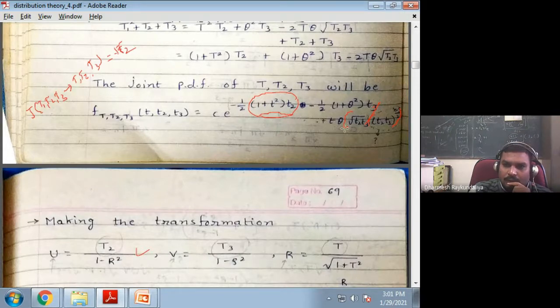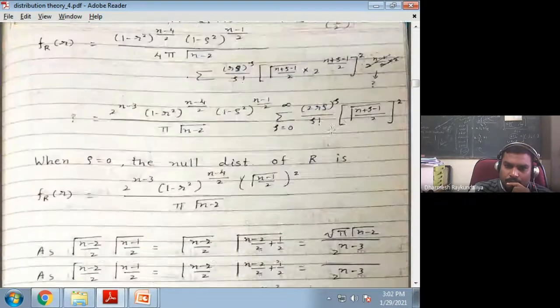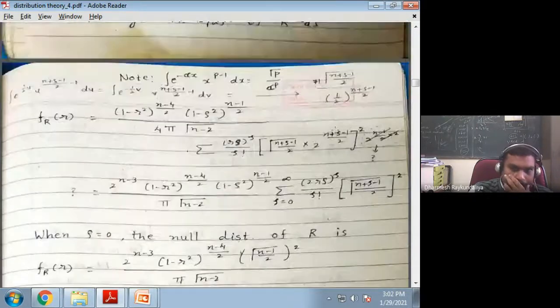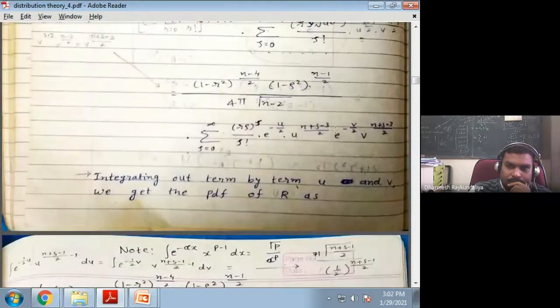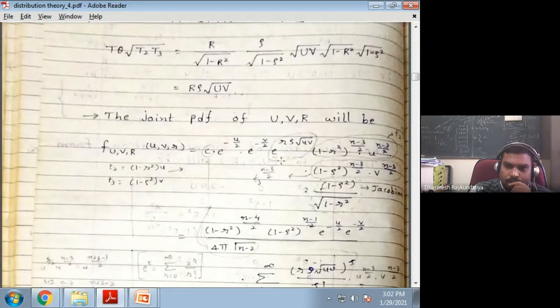And this t theta root t2 t3 becomes rho. What did we get? It is e raised to plus, whatever the quantity is, that quantity is e raised to r rho root u root v.